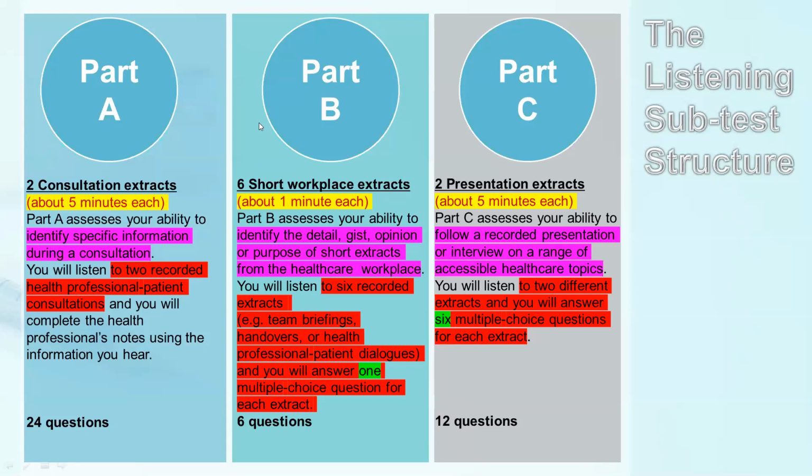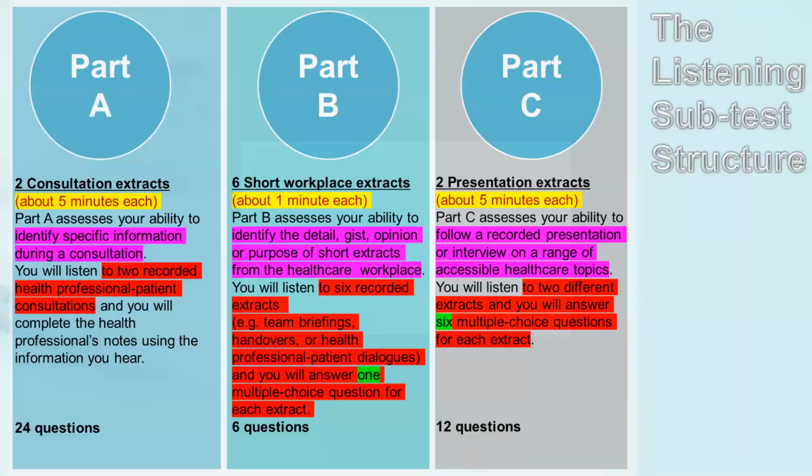You will listen to 2 different extracts, and you will answer 6 multiple choice questions for each extract. The sum of questions here is about 12 questions. So the listening subtest has 42 questions, which is the sum of all these parts.